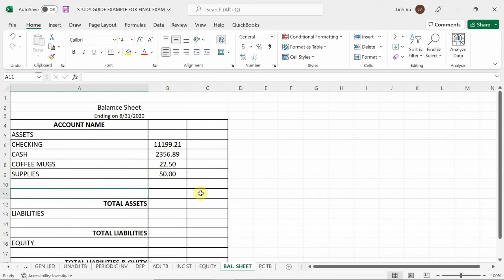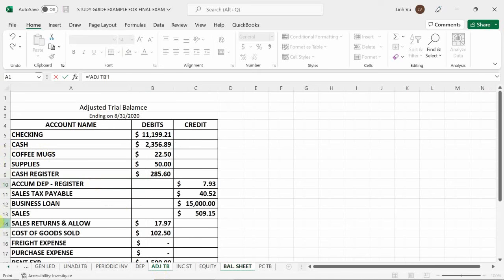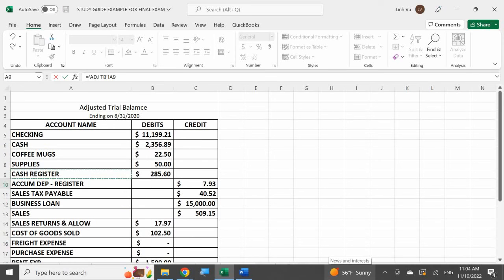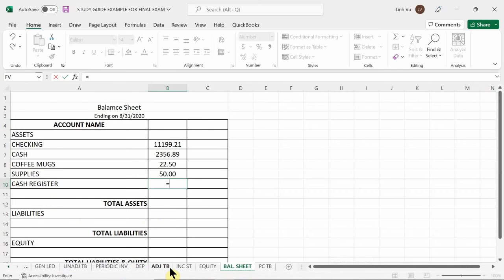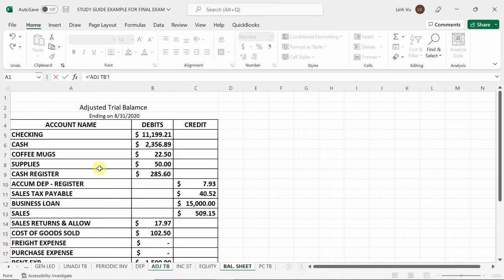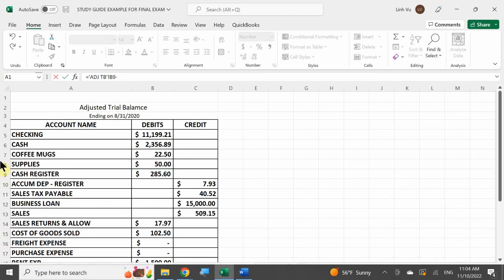Now your cash register, you're going to have to do a formula for this. What does my cash register have? It depreciated. So on your books, it's going to reflect the book value of your asset. Because it's a contra account, it's going to be your $285.60 minus $7.93.